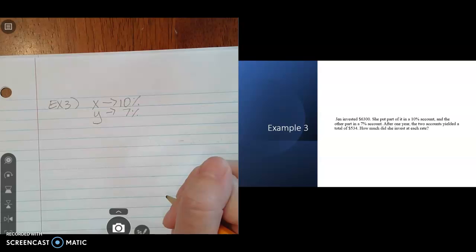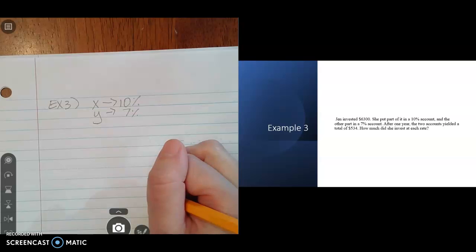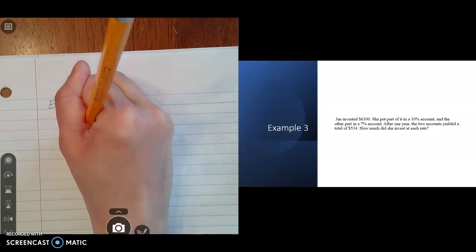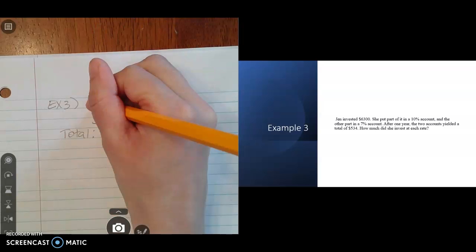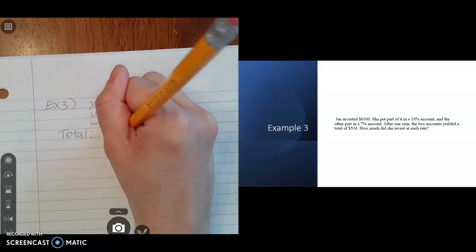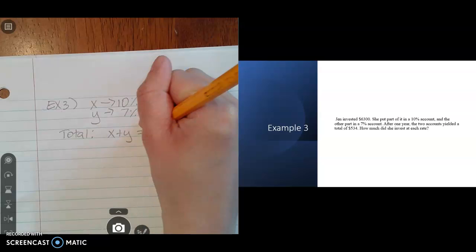The first thing it says is that Jen invested $6,300, so that gives me a total dollar amount, which means these two amounts added together, x plus y, should equal $6,300.